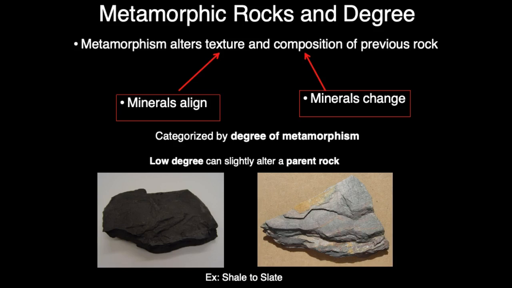Here, the clay minerals in the shale transform into tiny muscovite and chlorite flakes. Sometimes differentiating between a shale and a slate is not an easy task, which illustrates that the transition from a sedimentary rock into a metamorphic rock is oftentimes gradual and the change is somewhat subtle.